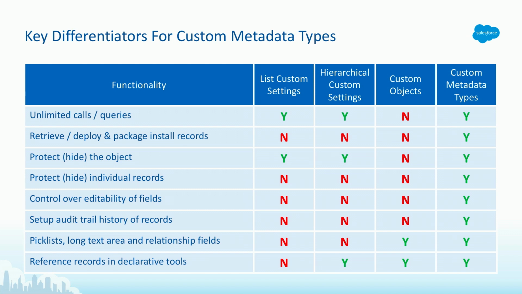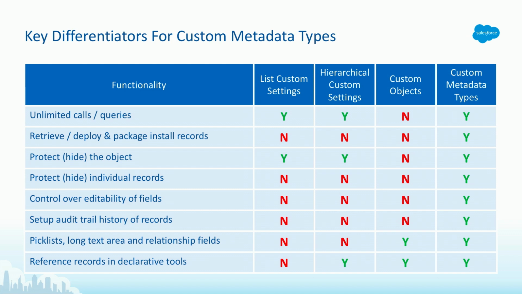But custom metadata types are specifically designed to store configurational data. And what I mean by that, if you look at the list of features they provide you, you will probably understand. First and foremost is that you can package records of custom metadata types. So when you deploy something between your sandbox and production, you can package the records of custom metadata types and deploy them.